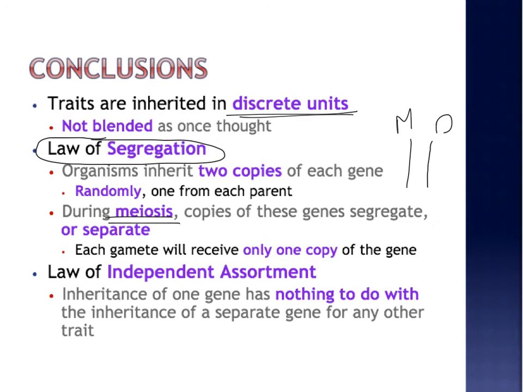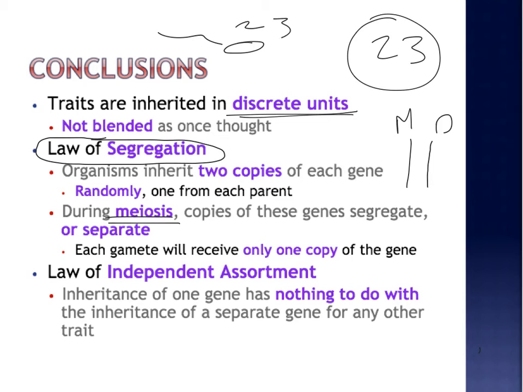And remember, it's only one chromosome from each parent that's ending up in that haploid gamete. All right, so the egg cell is going to have 23. The sperm cell is also going to have 23. And that means there's one copy of each gene from each of those traits and characteristics.